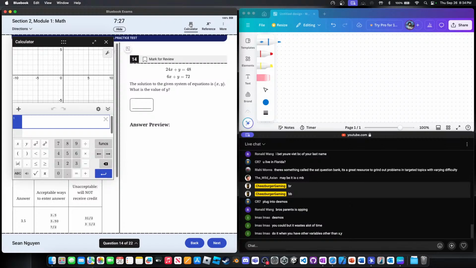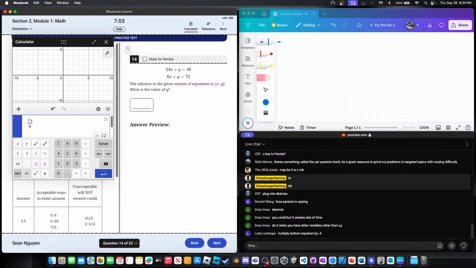And then x is equal to negative 1 over 6 y plus 72 divided by 6, 12. Okay, and then 24 times negative 1 over 6 y plus 12 plus y is equal to 48.